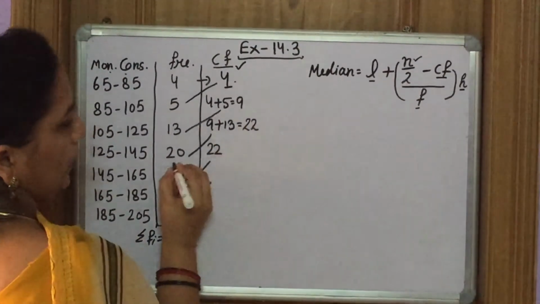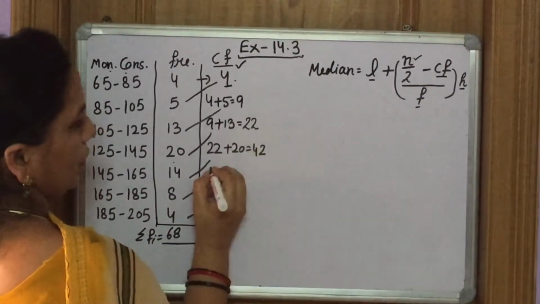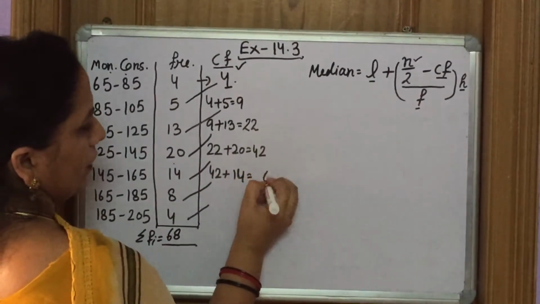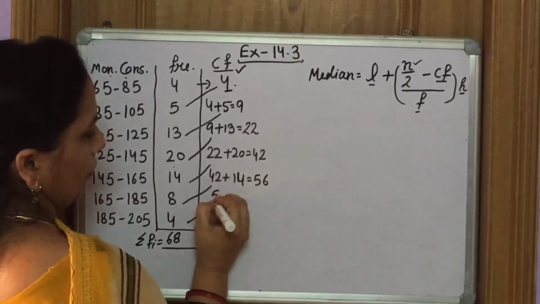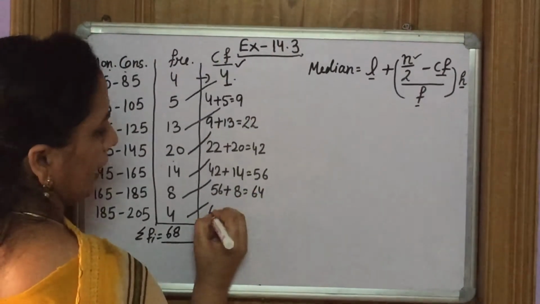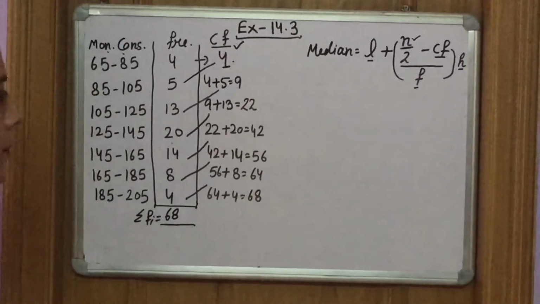Then 22 plus 20, it will be equal to 42. 42 plus 14, 56. 56 plus 8, 64, and 64 plus 4, that is 68.